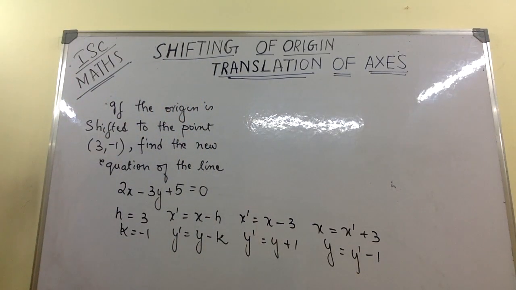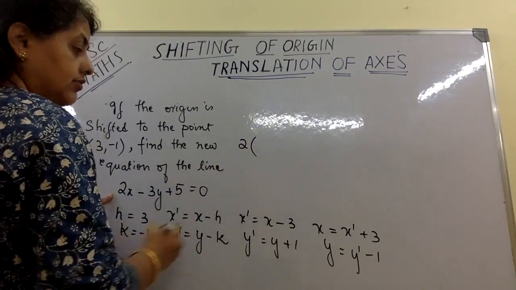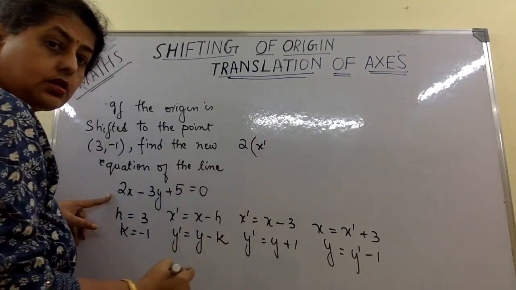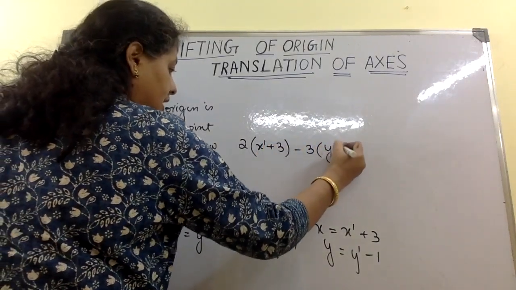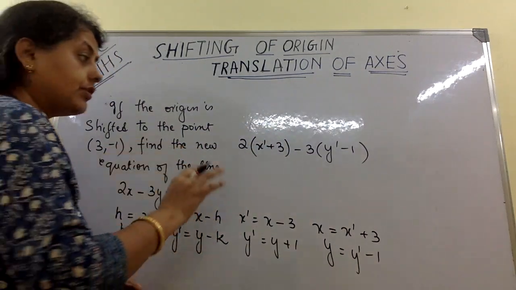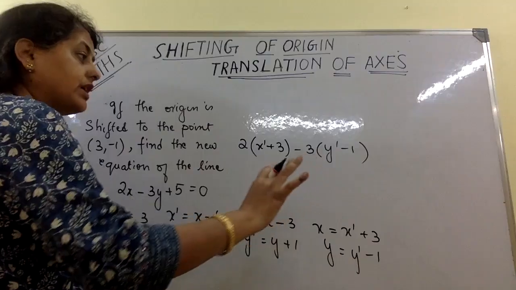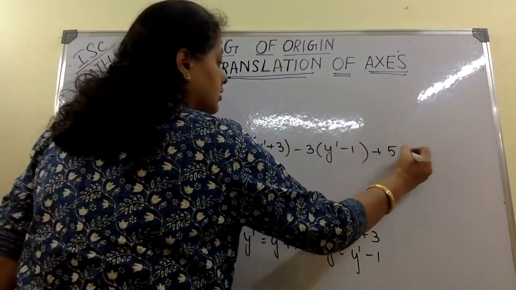Okay, so now we'll substitute these in the equation of the line, x dash plus 3 minus 3 times y dash minus 1, because finally we want x dash y dash in the equation. We don't want any more xy, so we are removing xy and putting x dash y dash. Okay, plus 5 is equal to 0.